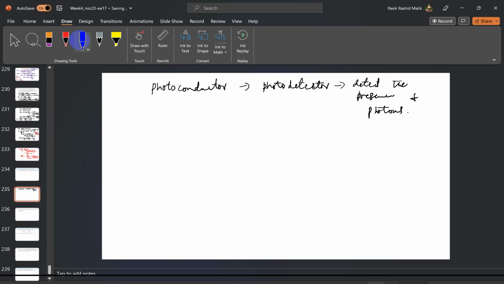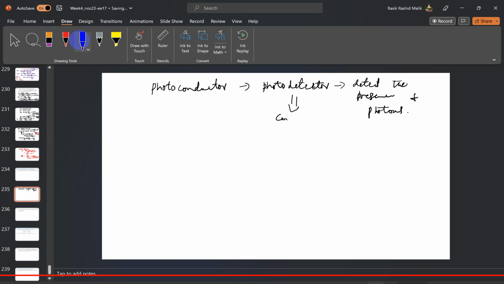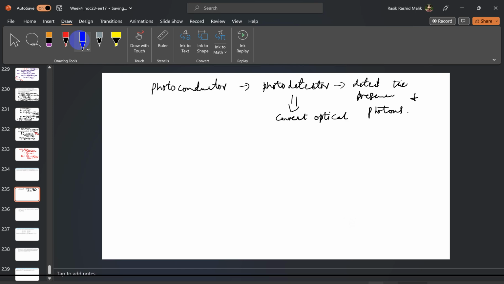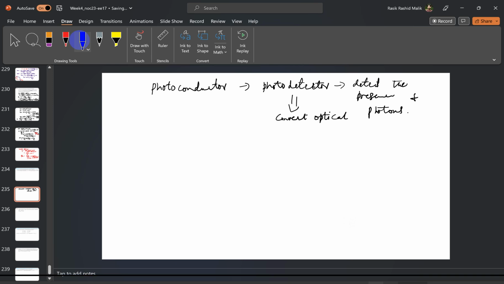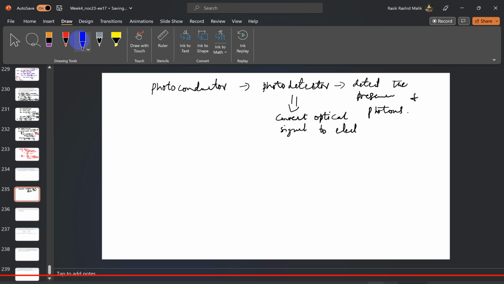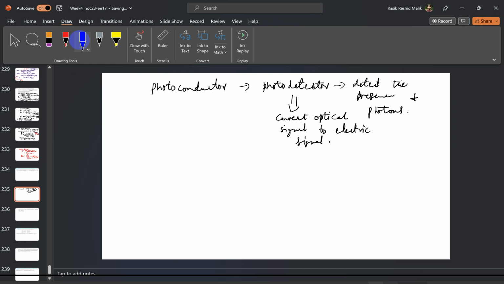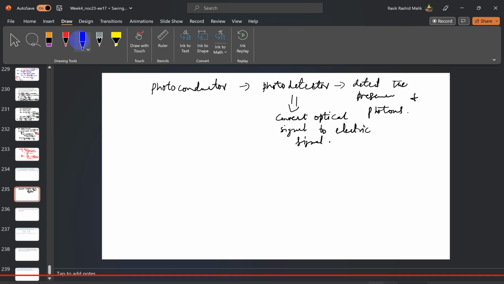They convert the optical signal to an electrical signal, and when the electrical signal is generated, we say that we have detected the photons. We have the phototransistor, photodiode, and the simplest case is the photoconductor.